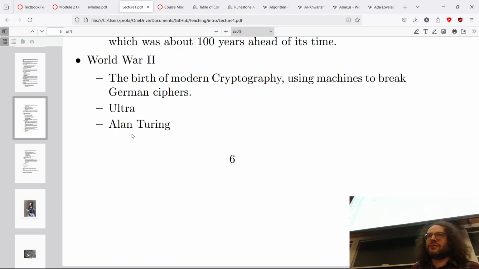If you had Ultra security clearance, you were essentially very important. And if you had Magic, which was Japanese (Magic was Japanese, Ultra was German), then you were very important. But the idea here was creating machines to help break the German ciphers.